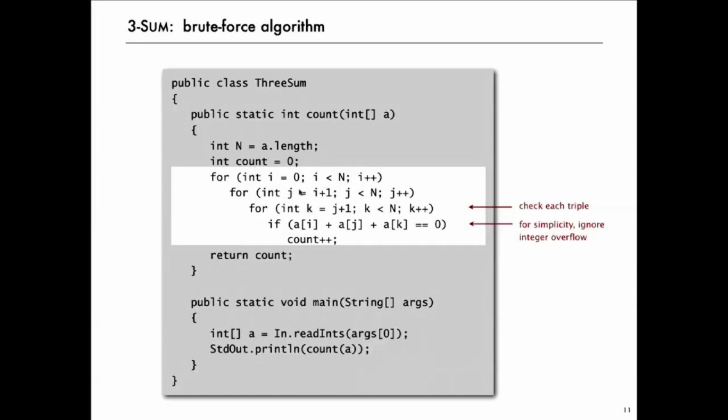We go i from 1 to n, j from i plus 1 to n, and k from j plus 1 to n, so that we get each triple just once. Then if ai plus aj plus ak equals 0, we increment the count. After that triple for loop, we return the count. The main method in this simple class just reads in all the integers and prints out the count. So that's a brute force algorithm that is a fine method for solving the three-sum problem.